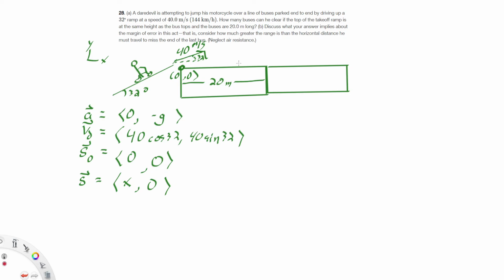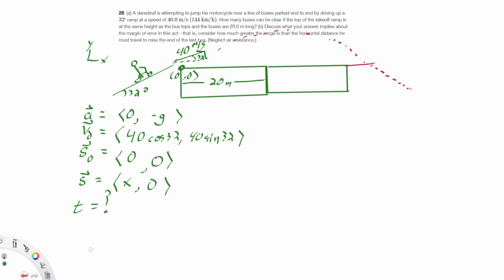But the y should be 0, because we're interested in how far he's gone when he crosses the level of the height of the buses. Right? He'll hit the ground at some other point over here. We also don't know how long this is going to take.